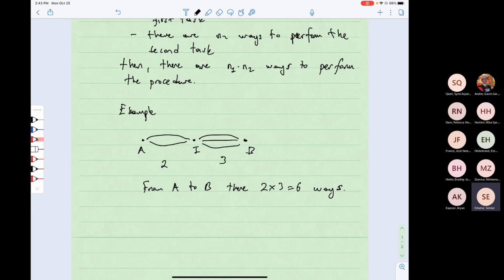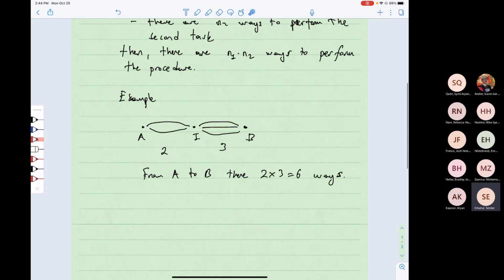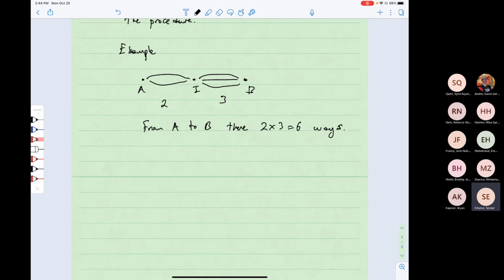But an important fact is, what is the procedure? What is the thing that you want to achieve? You want to go from A to B. So this idea tells us that to go from A to B, you need to go first to I, then from I, you go to B. So there is a first task and a second task. And then just as the formula says, you are done.